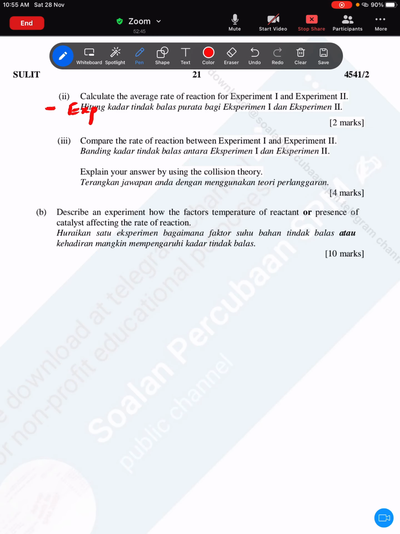They ask you to compare the rate of reaction between experiment 1 and 2. You answer the first question first. So what should you start with? Experiment 1 has a higher rate of reaction compared to experiment 2. That should be your starting point.